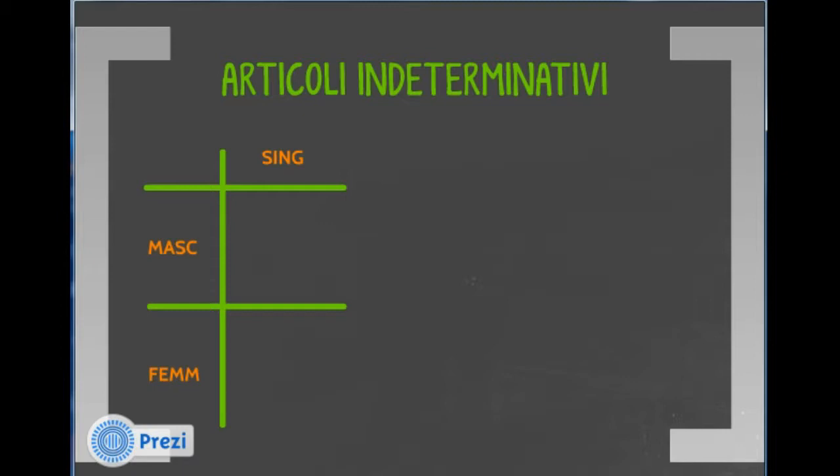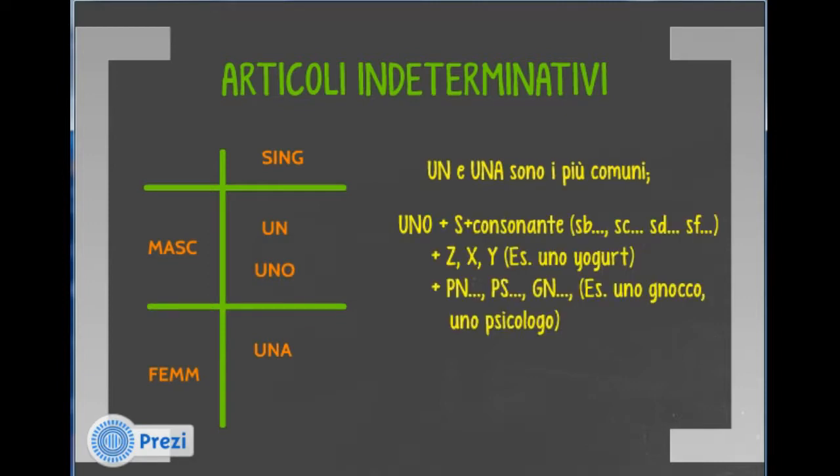Now, the indefinite articles. We have un for masculine singular and una for feminine singular. Again, these are the most common ones. Then we have uno, and we have the same rules that we saw before for lo.